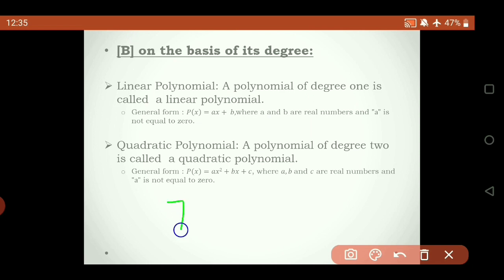For example, 7x square plus 3x plus 1. Here you can see that the terms involved are x square and x, but the highest degree is 2. Therefore, it is a quadratic polynomial.